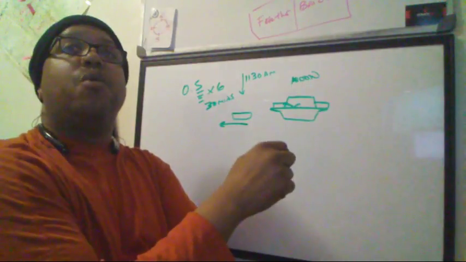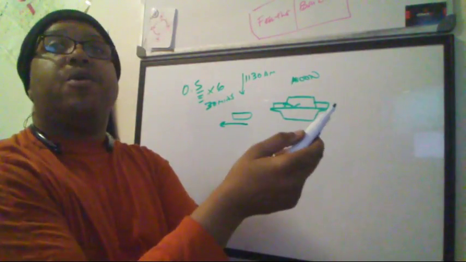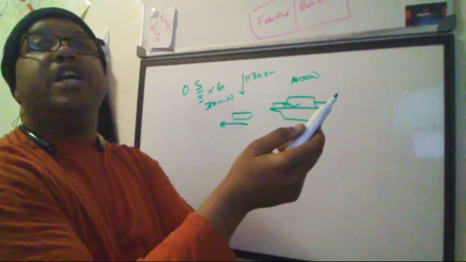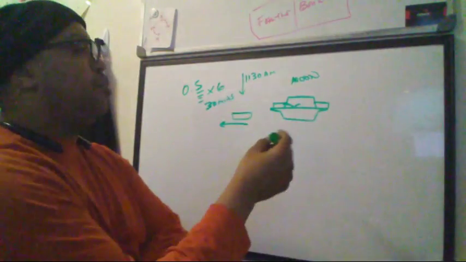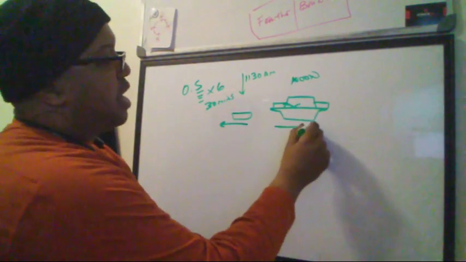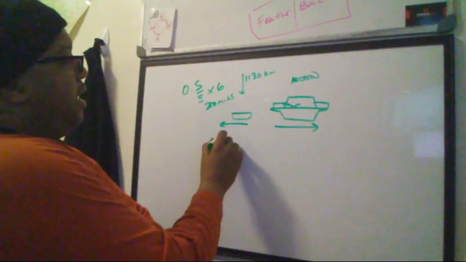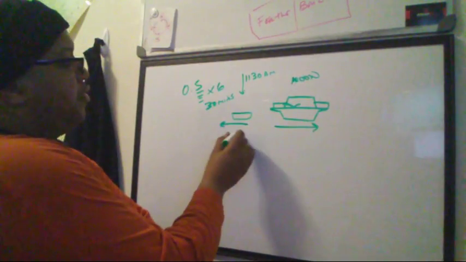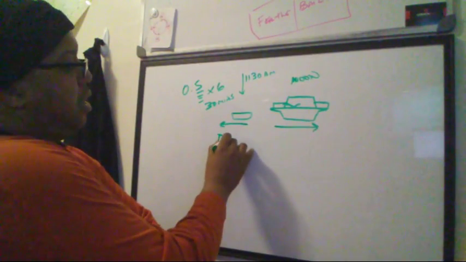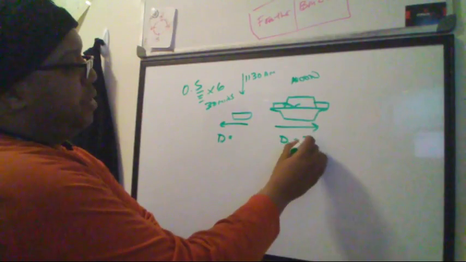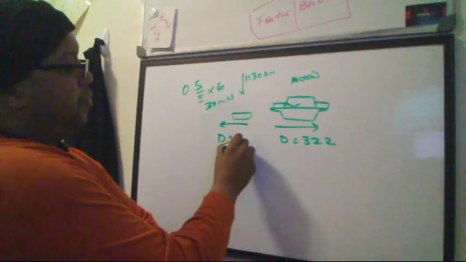than the fishing boat for 11 hours, after which time the ships were 322 kilometers apart. So this guy's going here, and the distance information will be given because at the end of it, it will be 322.